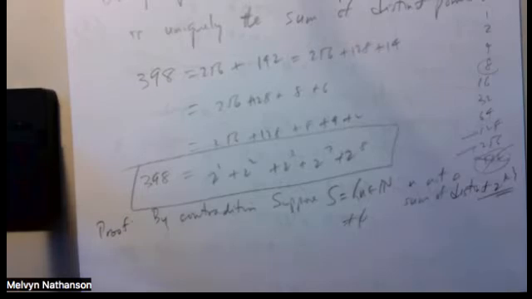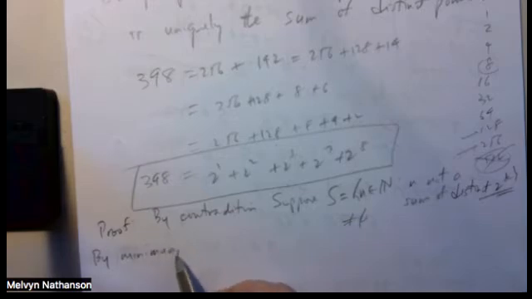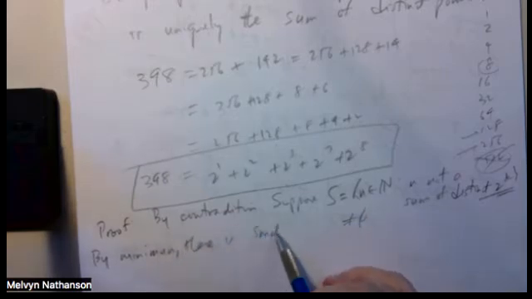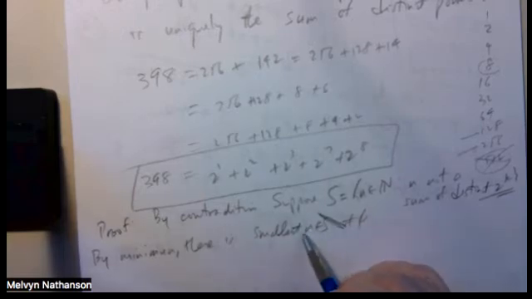That means there is some integer which is not a sum of distinct powers of 2. And by the minimum principle, there is a smallest n in the set S. Let me write it as capital N. So there's some number capital N, which is the smallest number that's not a sum of powers of 2.